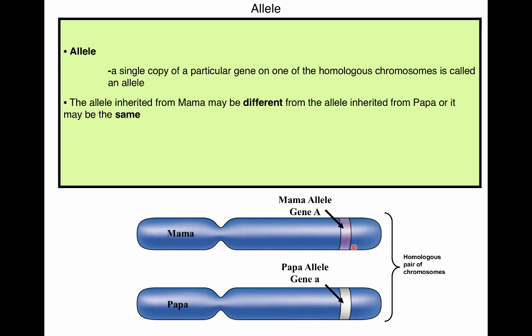So for instance, here gene A, the maternal version has a capital A, so they have the dominant version of that gene, whereas on the paternal version, the papa chromosome, there's a little a, so it has the recessive version of that gene. So the two alleles that you get can be different. You can get one from mama and a different one from papa, or they could be the same. You could get two dominant alleles, just depends.